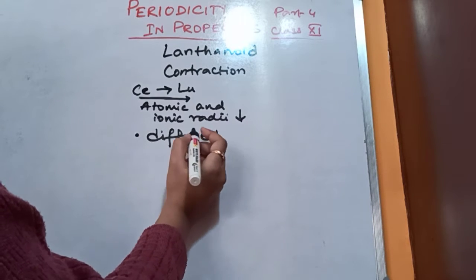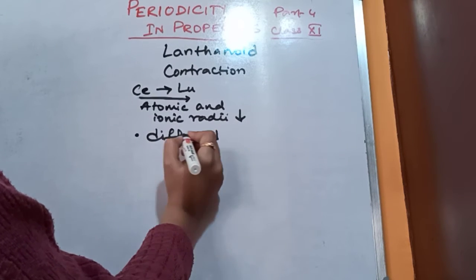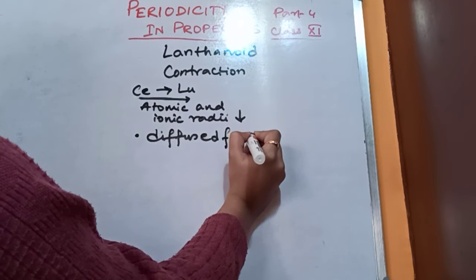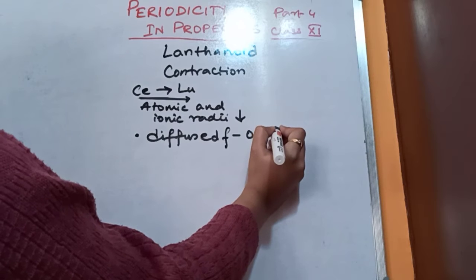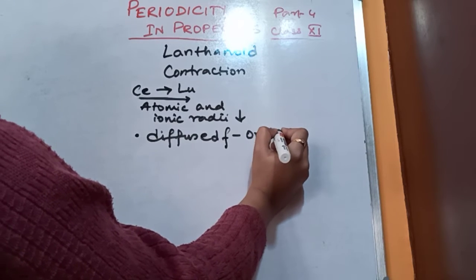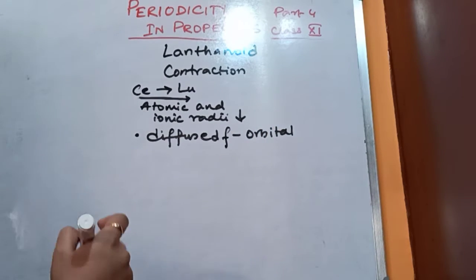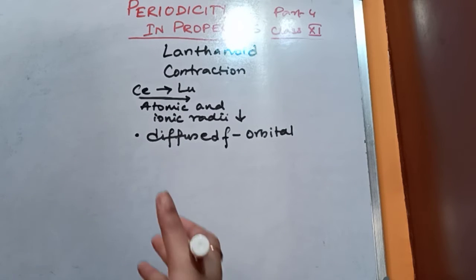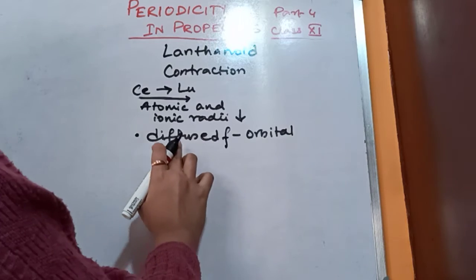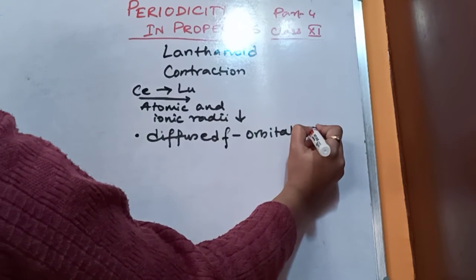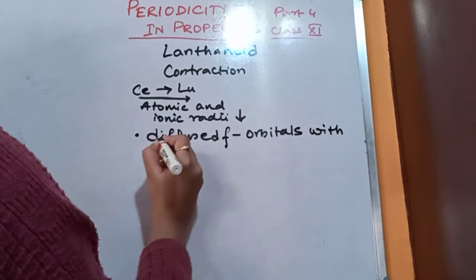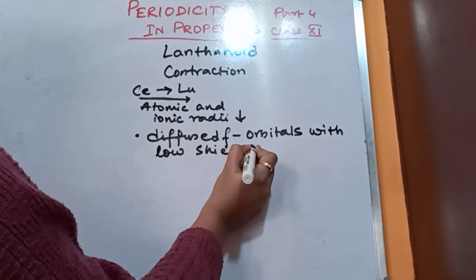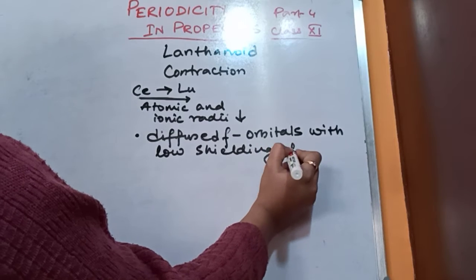The 4f orbitals have a diffused shape. Not only 4f, all the f orbitals have a diffused shape. That's why they have the lowest shielding power or the lowest shielding effect. The diffused f orbitals have a low shielding effect.